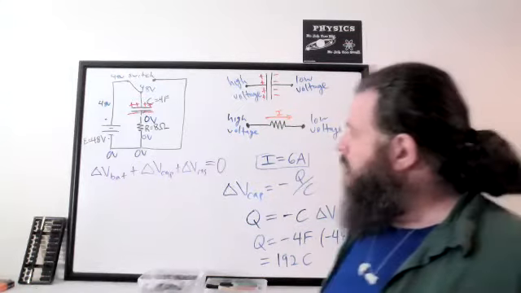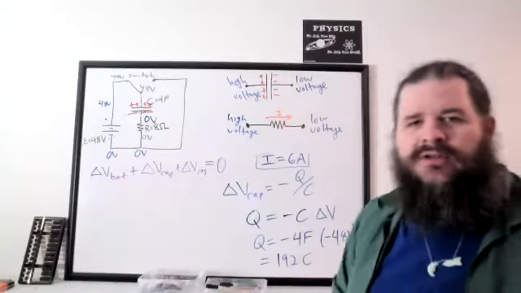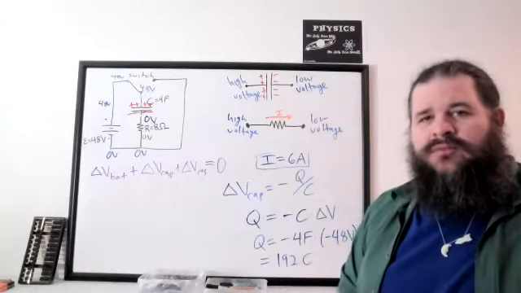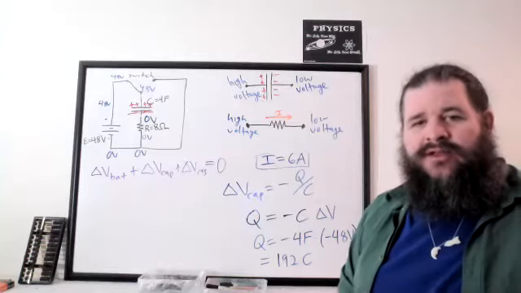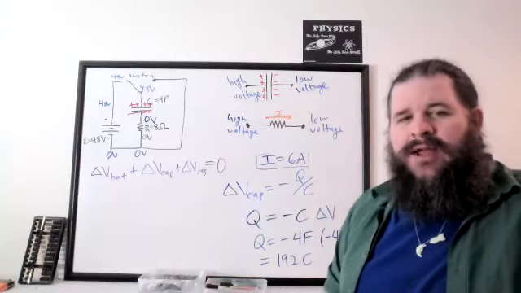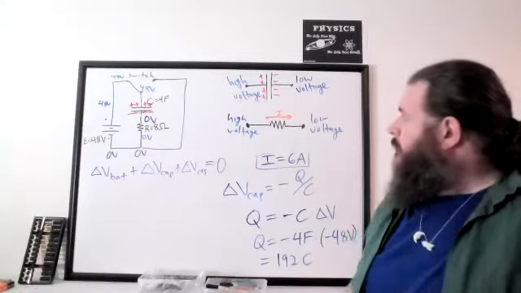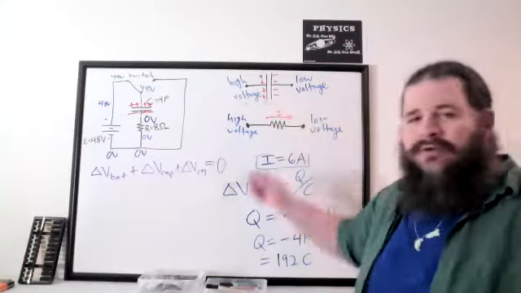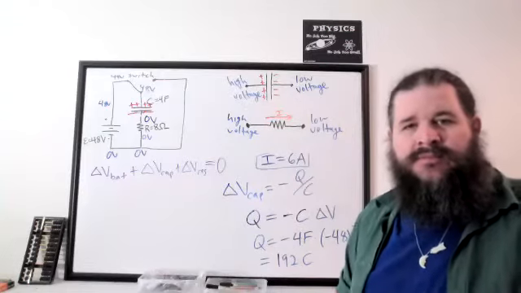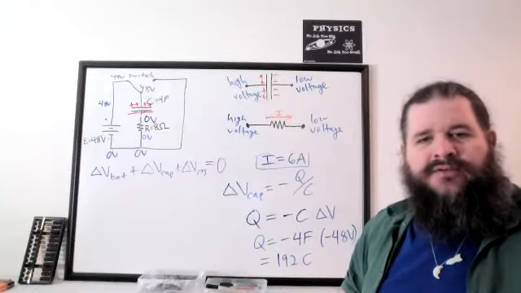The terminal called negative is at lower voltage, because all of these circuit elements can be thought of as providing a delta voltage, a difference in voltage. The amount of difference in voltage depends on things like the current and the charge, but which side is high voltage and which side is low voltage is very predictable. Any questions on that so far?